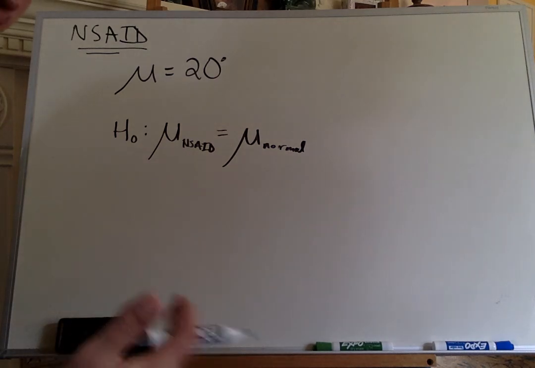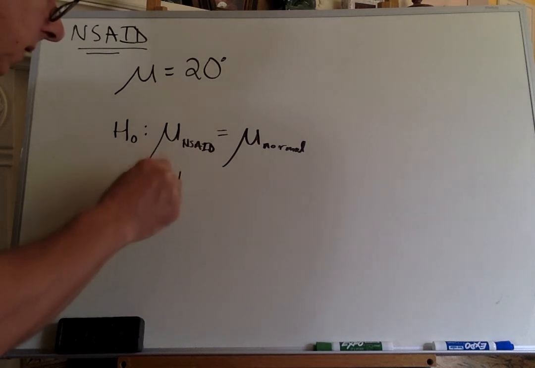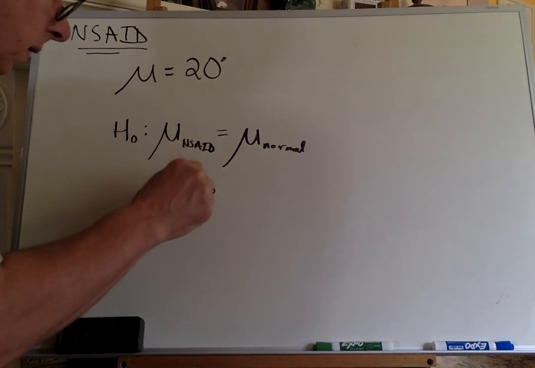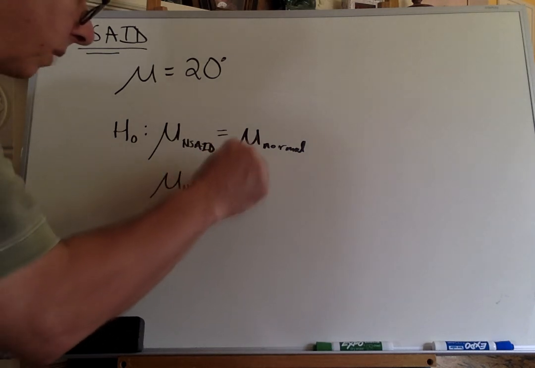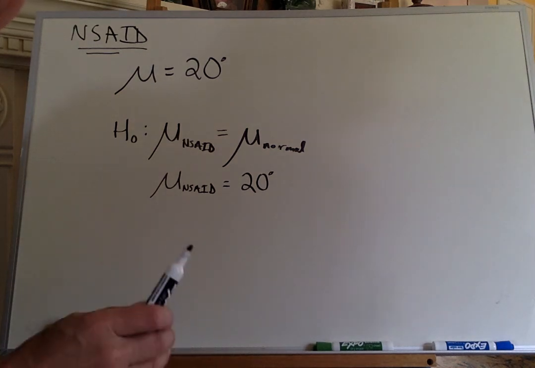That is, the NSAIDs won't make a difference. Or we can write it like this: the NSAIDs, the improvement after 2 weeks is going to be 20 degrees, okay? That should be relatively straightforward.